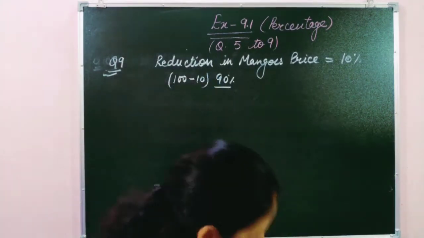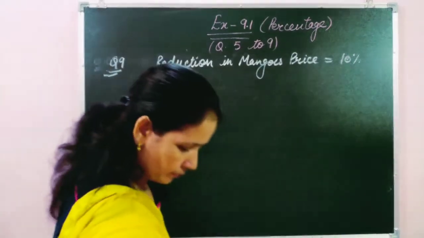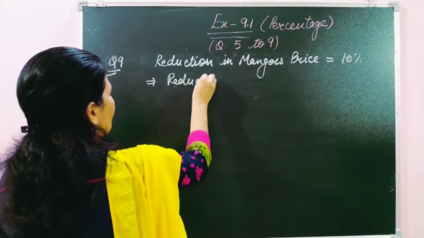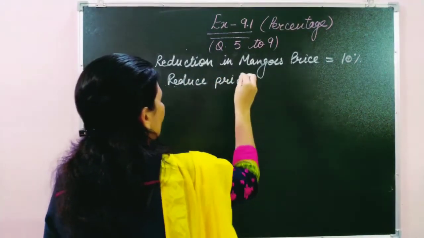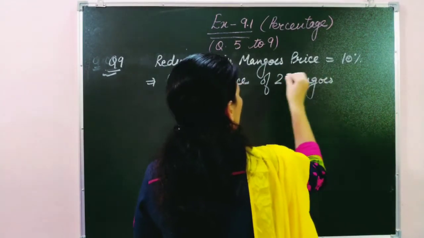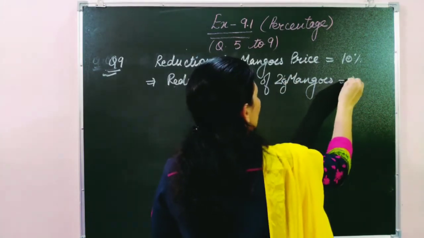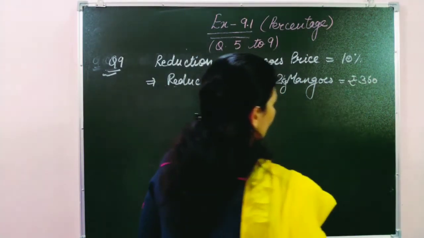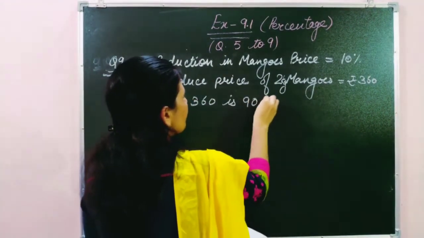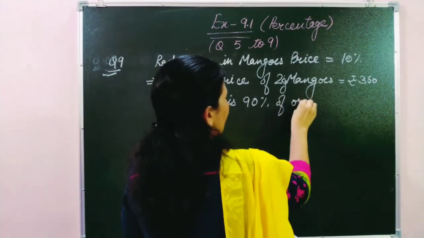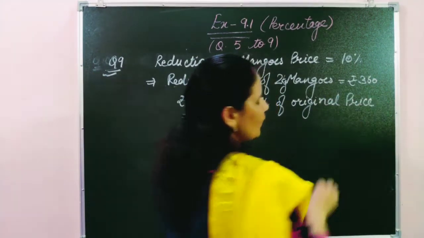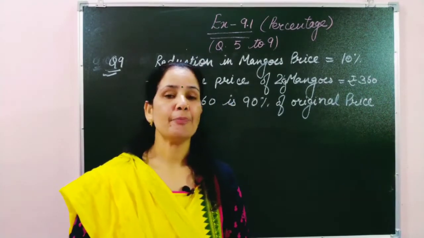So here we will write the reduced price of 2 kg mangoes, that is rupees 360, and rupees 360 is 90% of the original price.